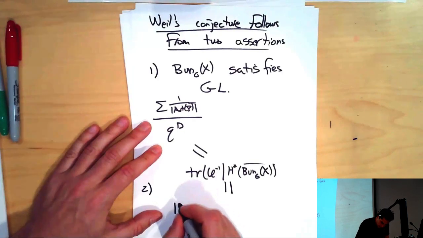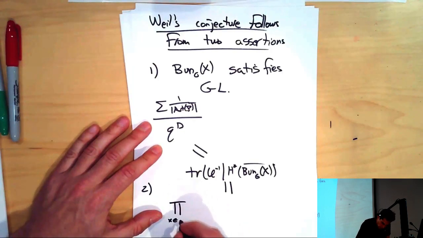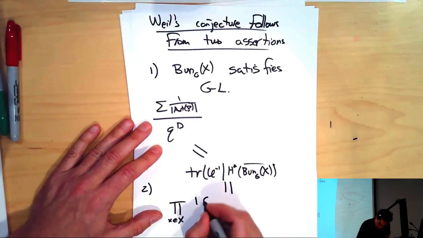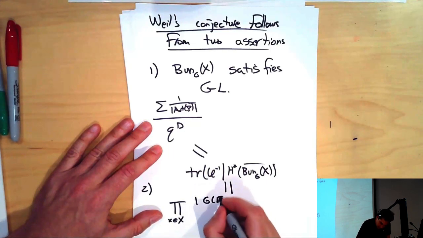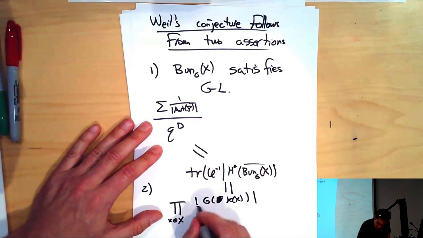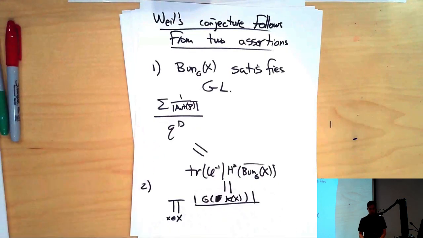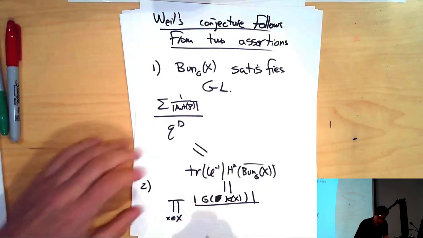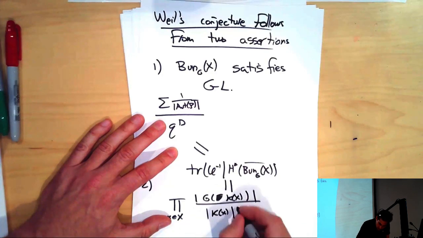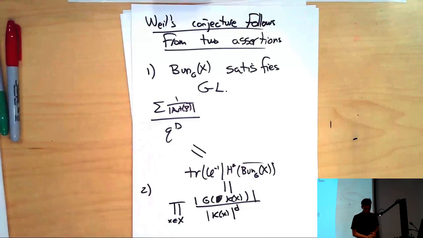This is a product over the points of the curve of local factors, where each local factor has numerator the size of G of kappa x, and denominator your naive estimate for that size, the size of kappa x itself raised to the power equal to the dimension of the group G.